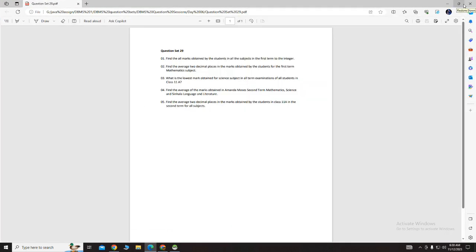The second question says find the average, to two decimal places, of the marks obtained by the students for the first term mathematics subject.